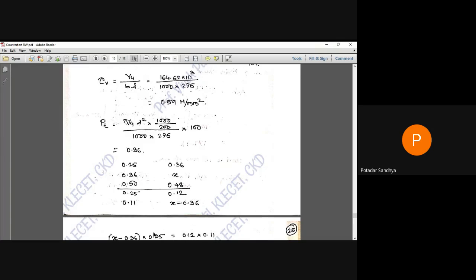Go for the cross multiplication. 0.4128. So it is 0.4128 newtons per mm square. So it is less than tau v. Tau v, I think, is 0.6, isn't it? Yes, sir.